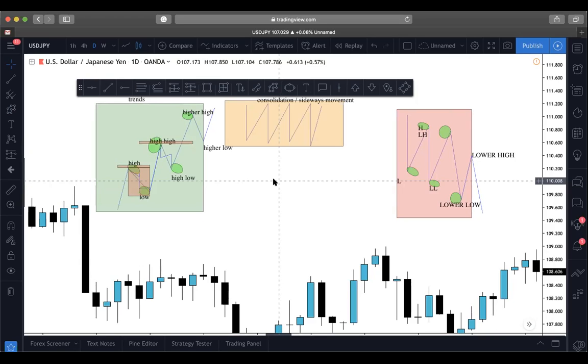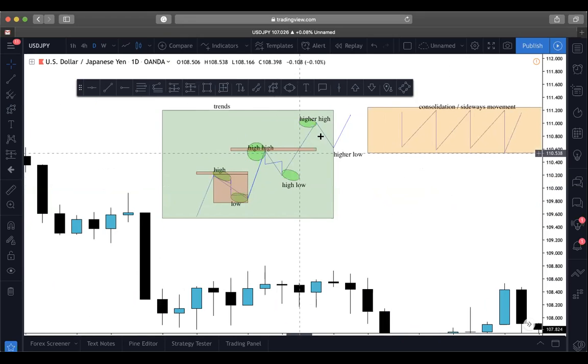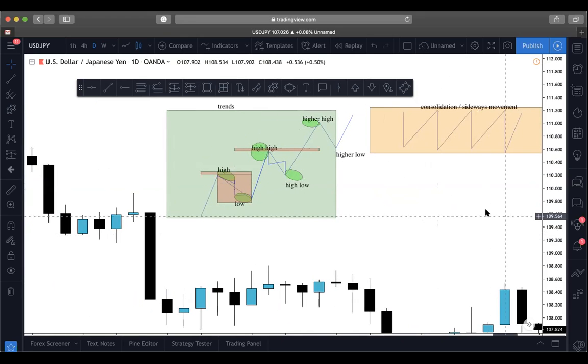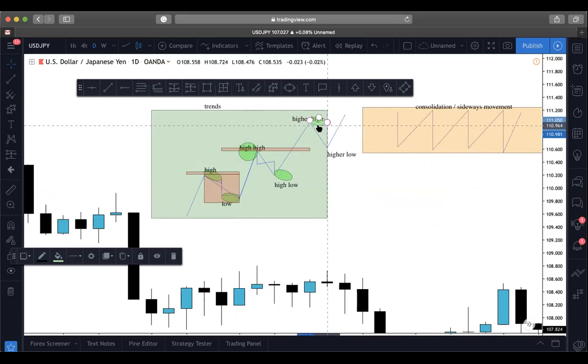All right. So I just showed y'all how to validate a trend, right? The characteristics that make a trend, basically. Now, you have to be able to tell when this uptrend is no longer an uptrend, right?